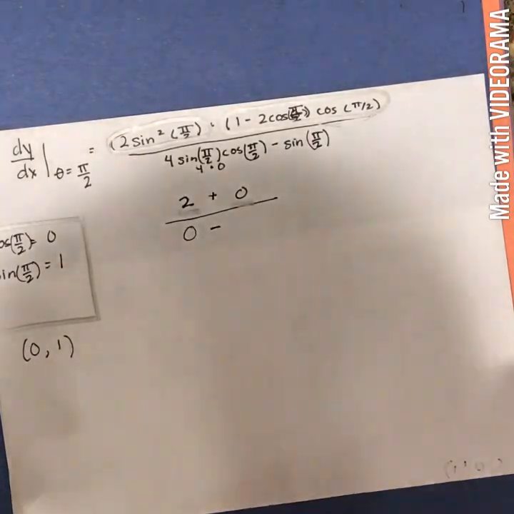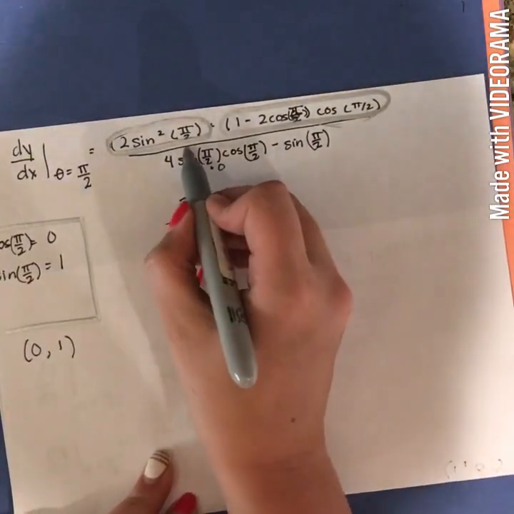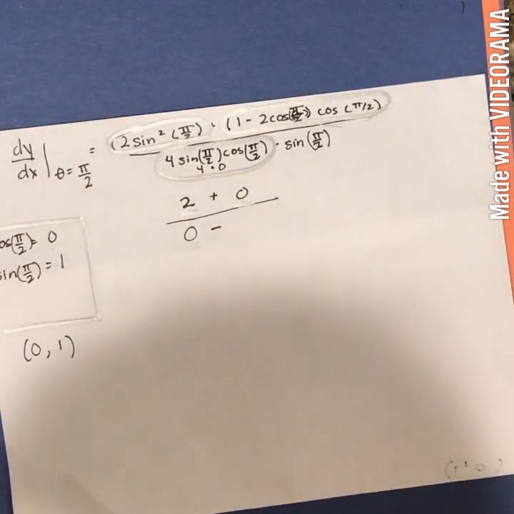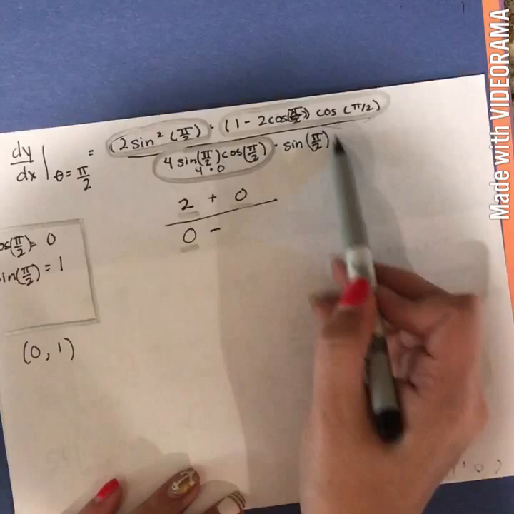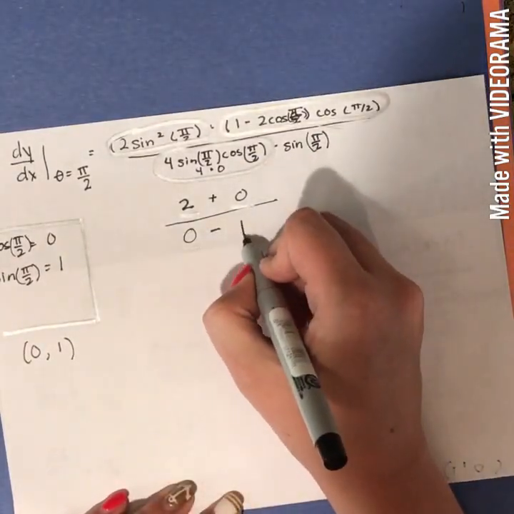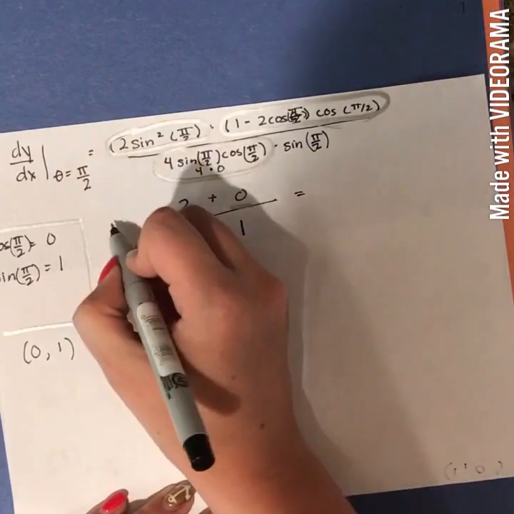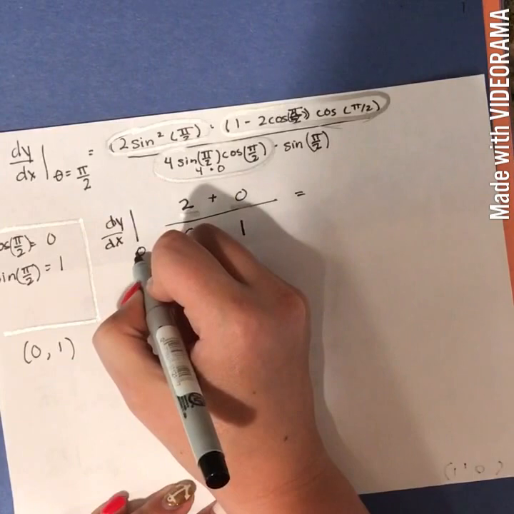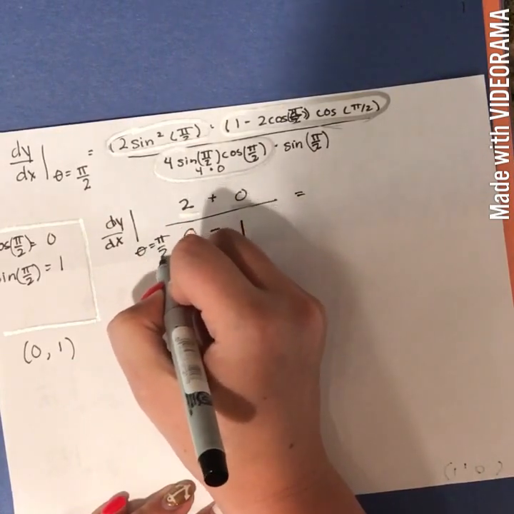I'll remind you again that this 0 is from looking at this section. We're going to put that subtraction, and then we're going to look at sine pi over 2, which equals 1. So it's just going to be a little 1 right there. Make sure all my calculations are up to par.